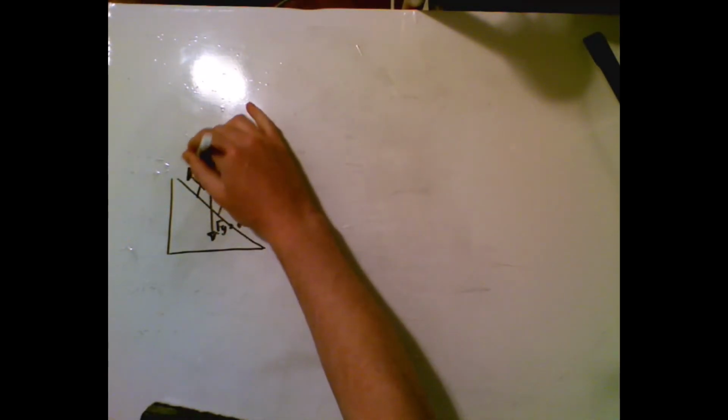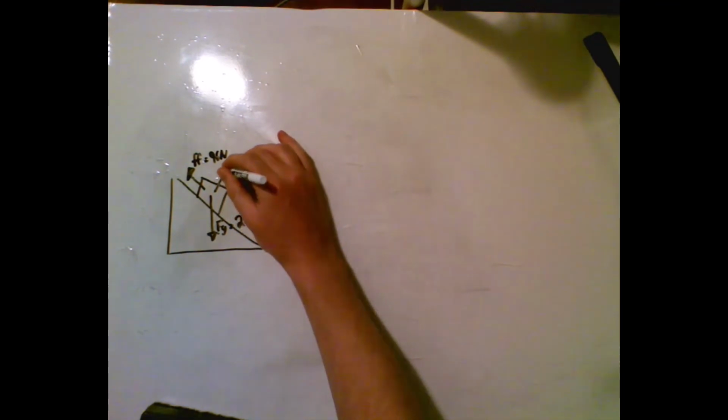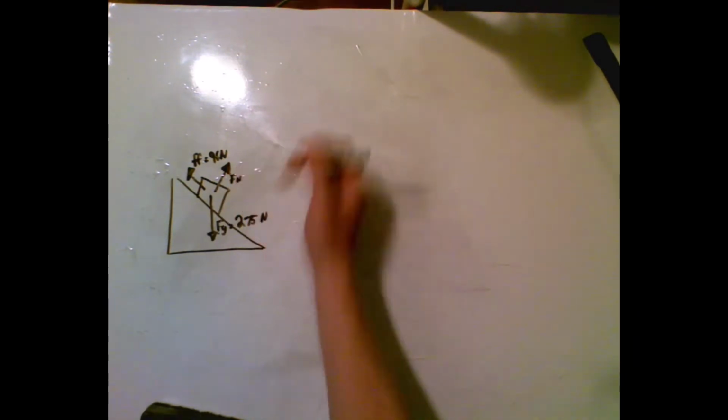And there we go, now we can see this. And then my force of friction equals 96 newtons. There's also a force normal, which is perpendicular from the surface, not straight up, but perpendicular from the surface. We don't really know what that is, but we can label it force normal.